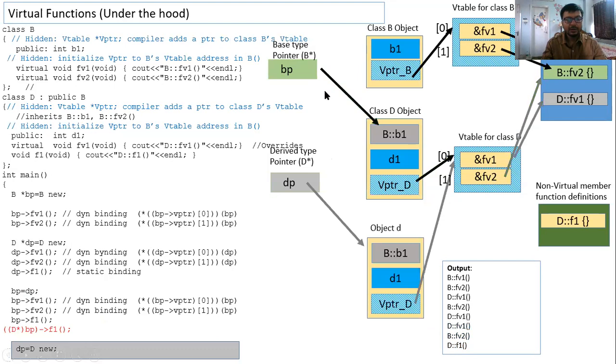And finally, if we just write this, that means we are trying to create one more derived type object and assigning it to DP. So now what happens?